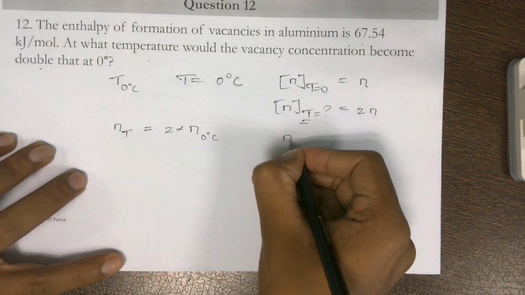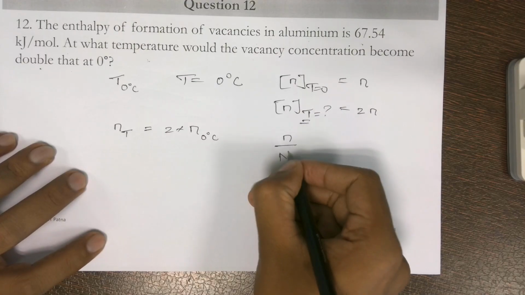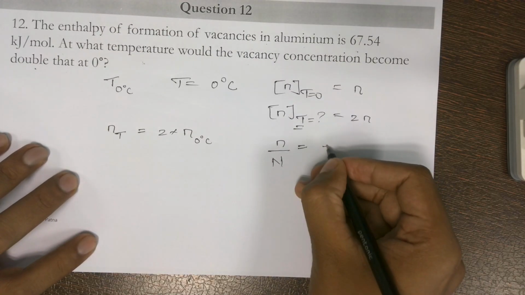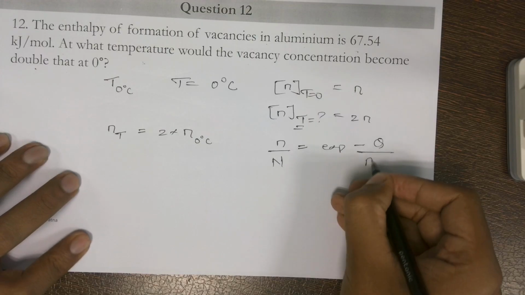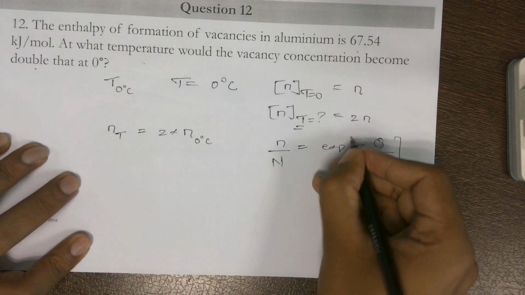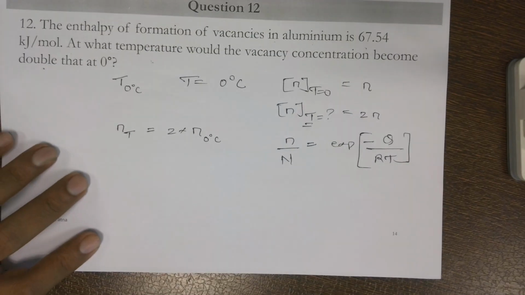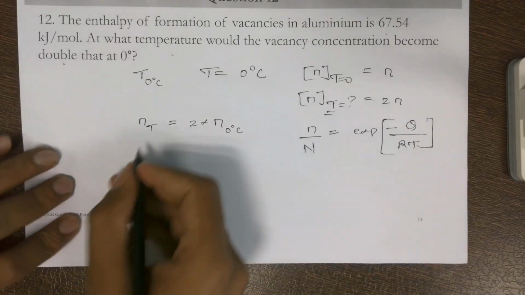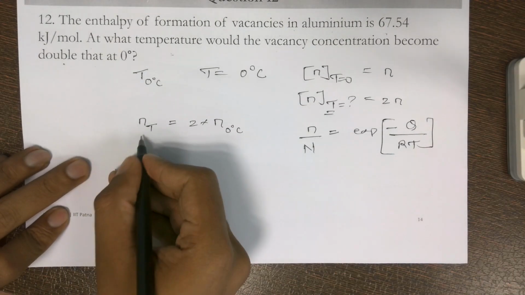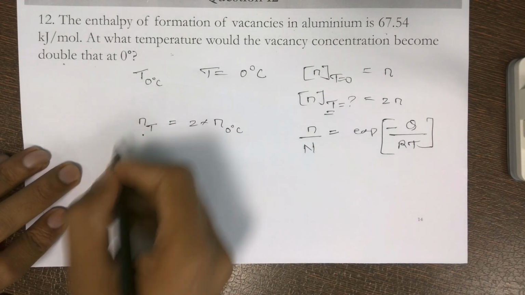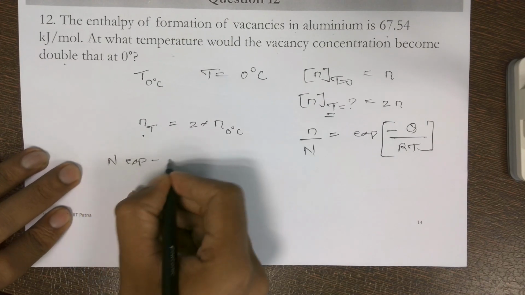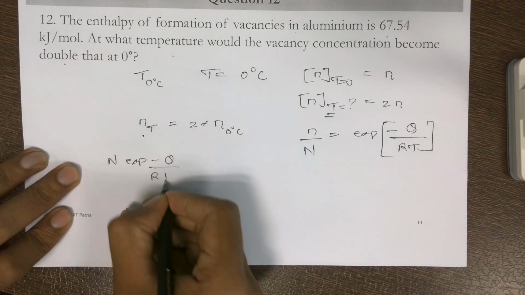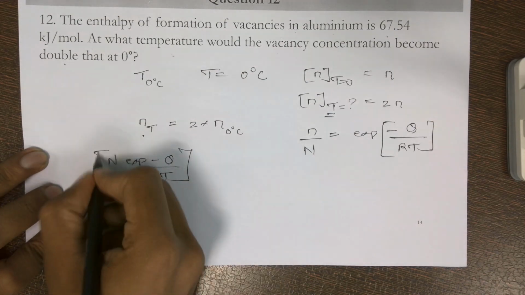How can we find it? Small n divided by capital N will be equal to the exponential of minus Q divided by R times T. We can substitute them over here. So in this particular case, it will be capital N times exponential of minus Q divided by R times T, where T is unknown.